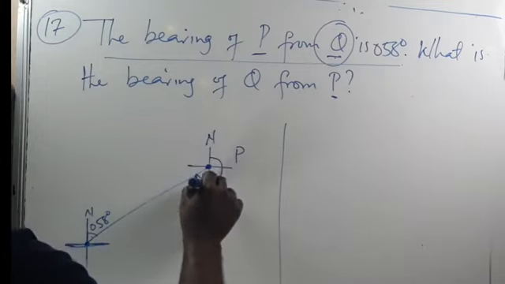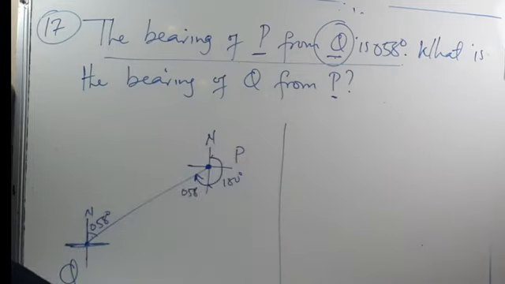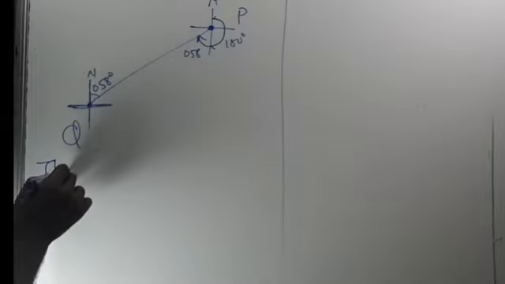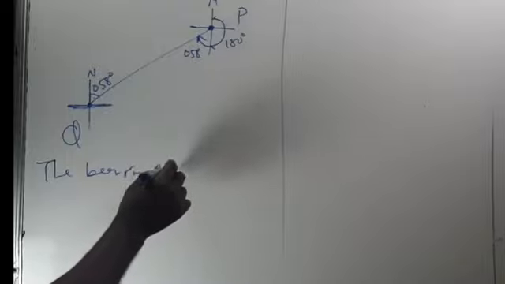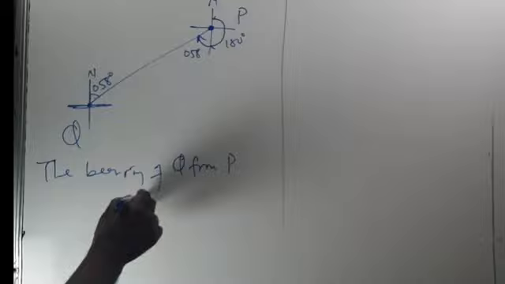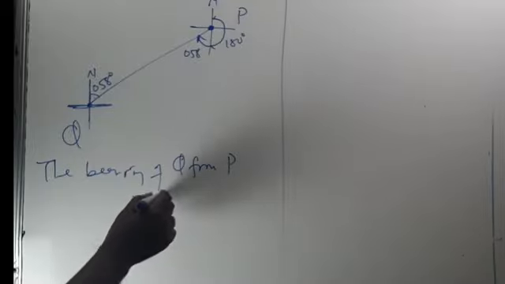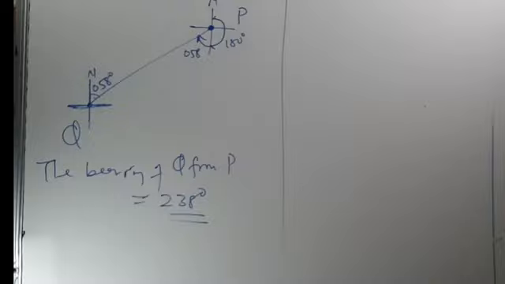From here to here is what? 180 degrees. Which means this plus this. So the bearing of Q from P will then be the addition of this, that is 238 degrees.